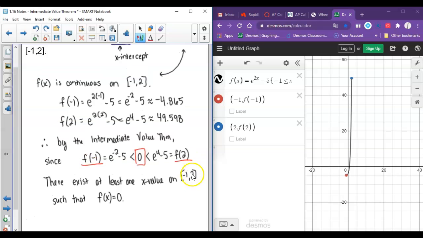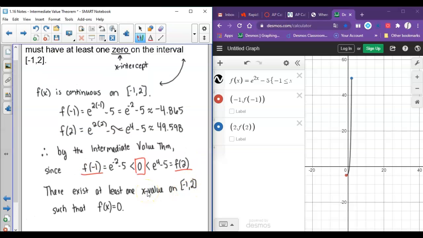So there has to be one x value. Another way that you could say this is you could say there's at least one c, such that f of c equals 0. That would be fine as well there. So we have proven by the intermediate value theorem.